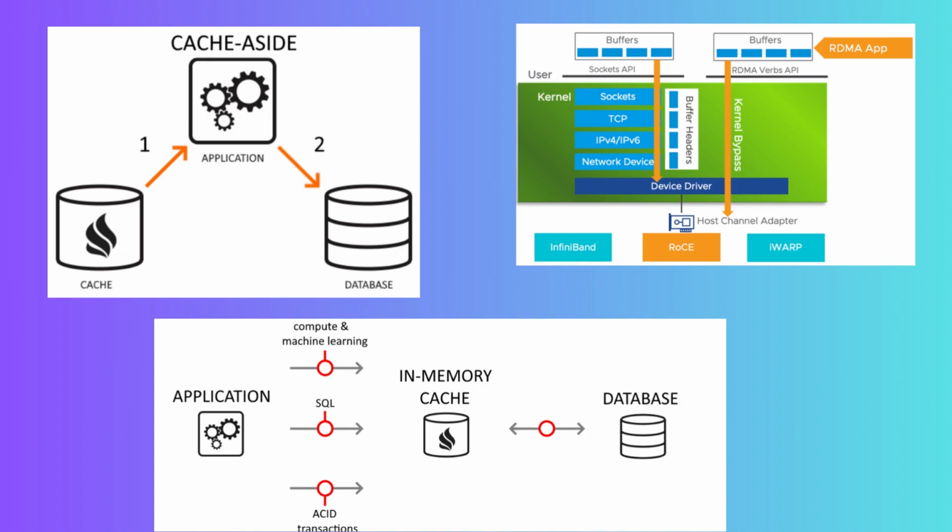There are some examples of in-memory technologies that are currently using RMA and DRMA: Apache Spark, Apache Ignite, SAP HANA, and Oracle TimesTen. These are the four most popular technologies using this particular remote memory access technology.